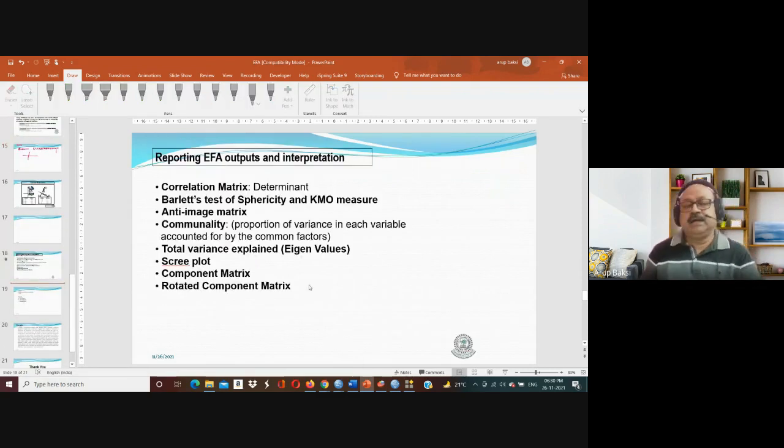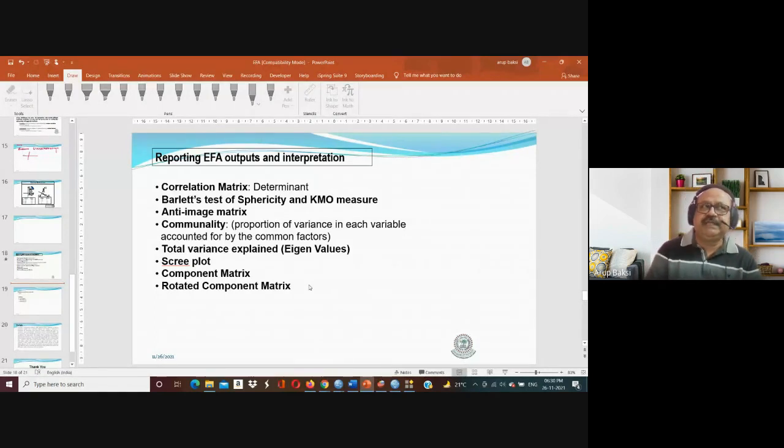Yeah. Reporting for EFA outputs and interpretation. You see, these days, if you look at good journal papers coming out from the reputed houses, initially we had a trend that the EFA results were very explicitly mentioned. Now, EFA results should be explicitly mentioned if you are stopping at the exploratory part only.